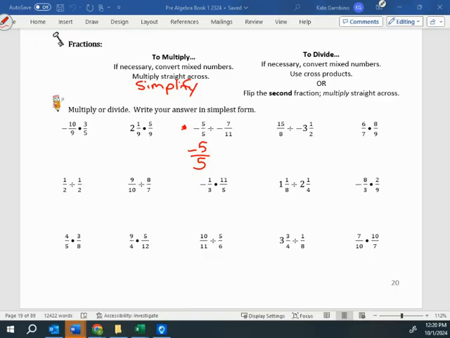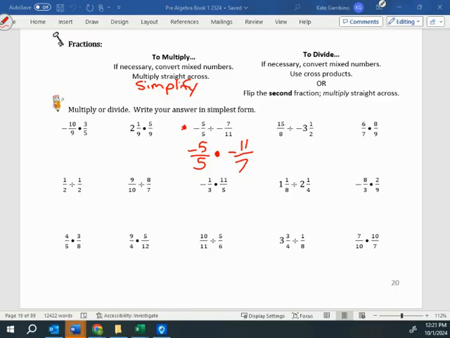We flip from dividing to multiplying, and if we flip dividing to multiplying, we flip our second fraction to its reciprocal. You have to flip it around. So if you flip dividing to multiplying, you have to flip that second fraction to its reciprocal.